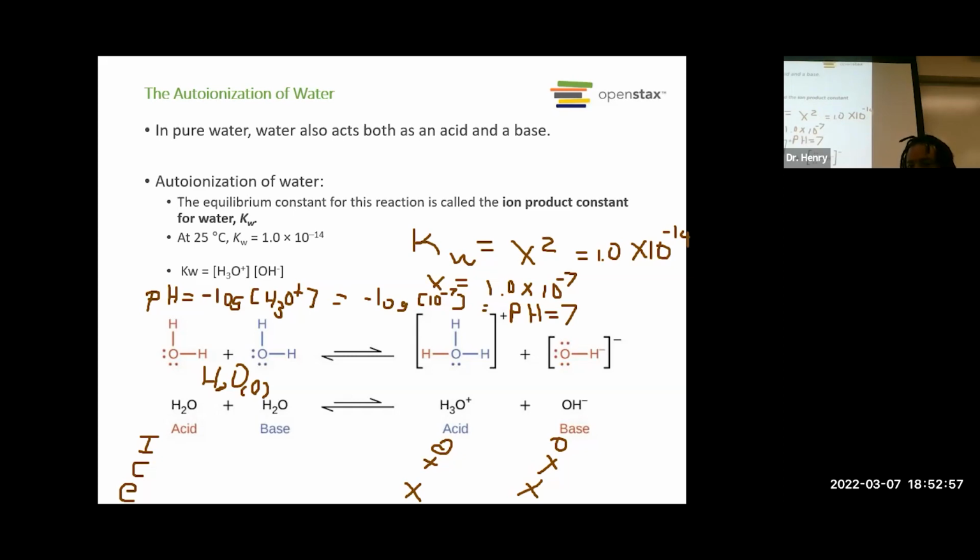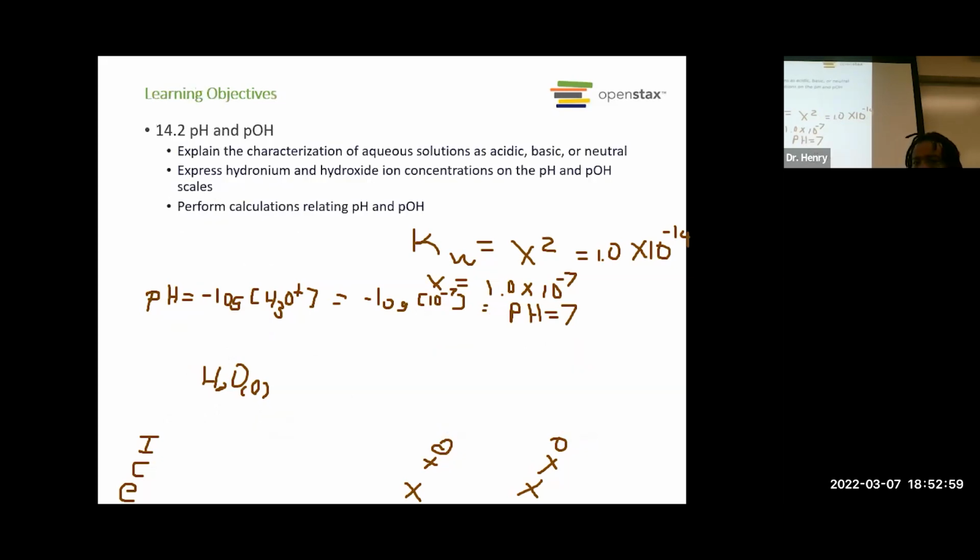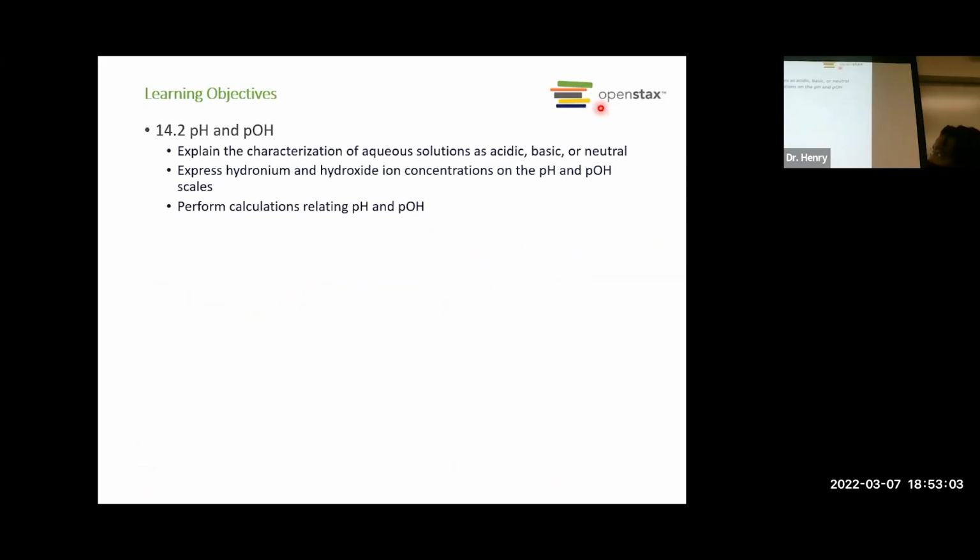Okay, so let's keep going. Let's clear this. So that kind of explains the whole concept of acid, base, neutral. We know that pH 7 is neutral, right? So anything that's below pH 7 is going to be an acid. Anything that's above pH 7 is going to be a base, right? And it's because of that scale.